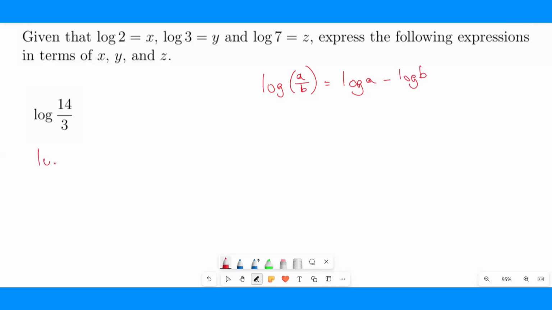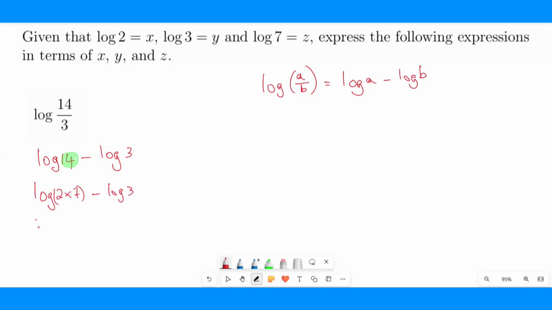In this case, we're going to have the log of 14 minus log 3. And then the log of 14 can be represented, because we don't have 14 up there, as log 2 times 7 minus log 3.